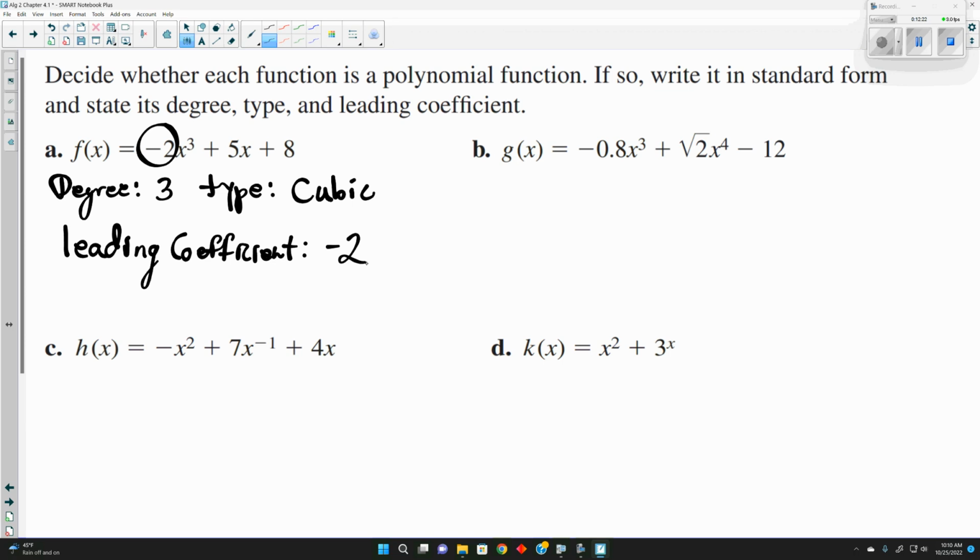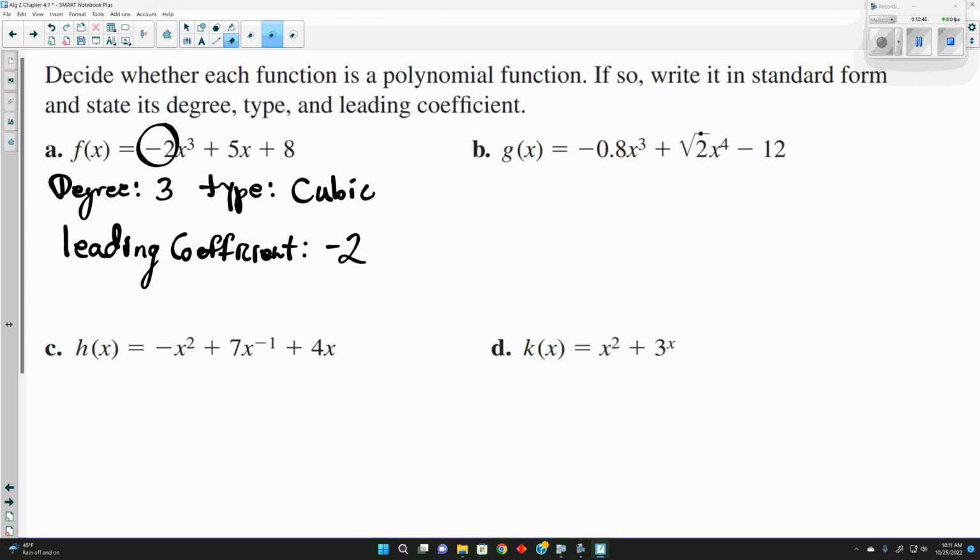Is the square root applied to just the 2, or is it applied to both the 2 and x to the 4th? Just the 2, yes? Because if it was applied to both, x to the 4th would be inside of it. It would extend out. So here, it does not. It's applied just to the 2, yes?